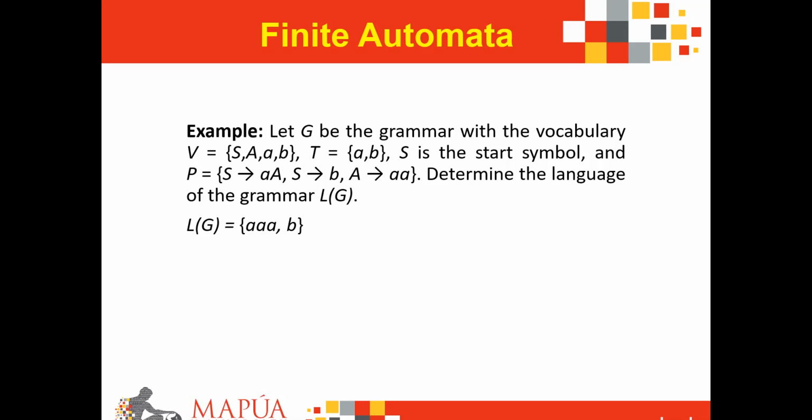So we derive from the starting character lowercase a, uppercase A, and then we replace uppercase A with two lowercase a's, thus forming aaa.